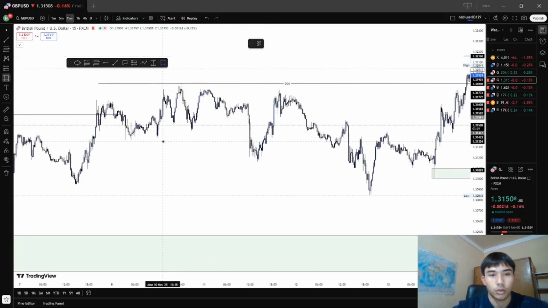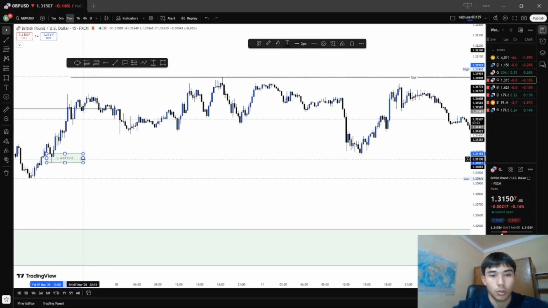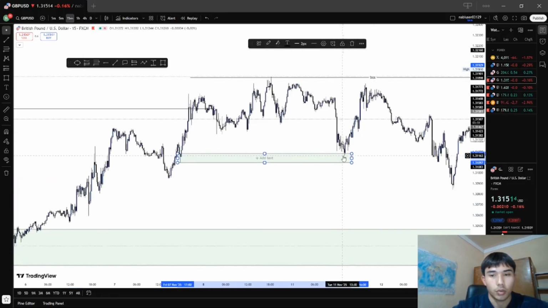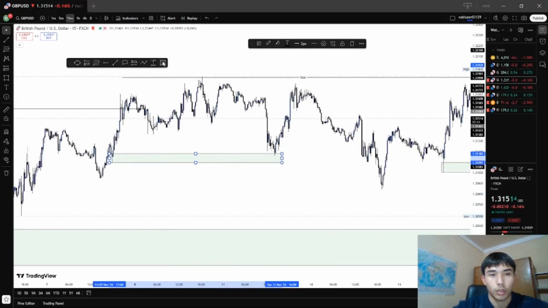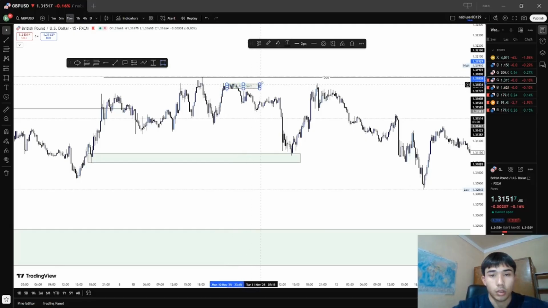Yeah, I'll draw it for you. This is the last candlestick that led to this moment, and the price came back and respected this price and went straight up to our recent supply zone, which is right around here.